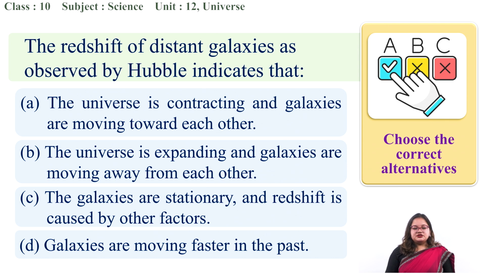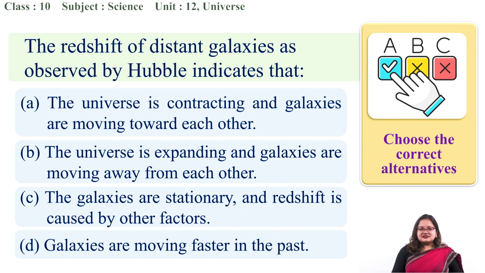Option B, the universe is expanding and galaxies are moving away from each other. Option C, the galaxies are stationary and redshift is caused by other factors. And option D, galaxies are moving faster in the past. Now let's see.